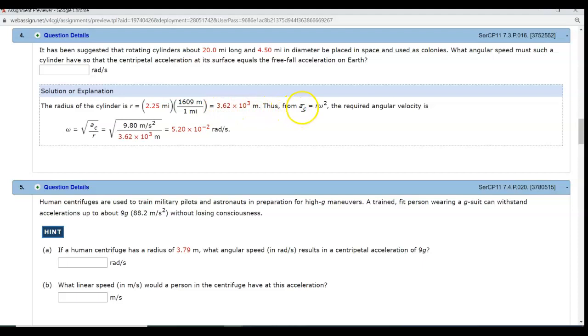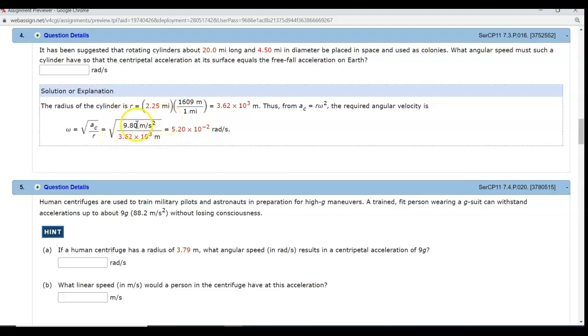Then from the acceleration equals the radius times the angular velocity squared, the required angular velocity is the square root of 9.8 meters per second squared divided by the 3.62 times 10 to the third we found up here. And take the square root of that.